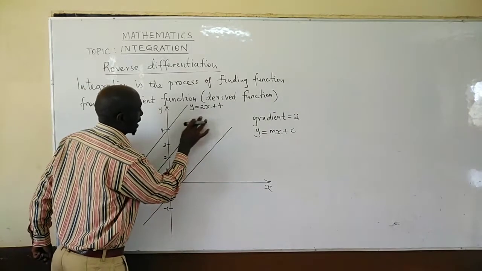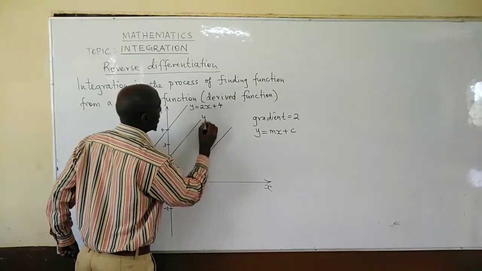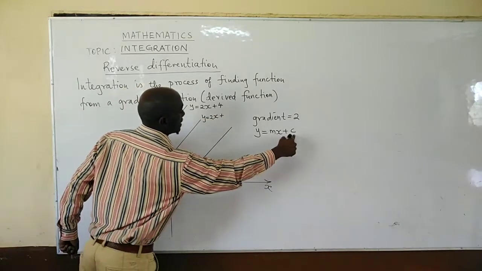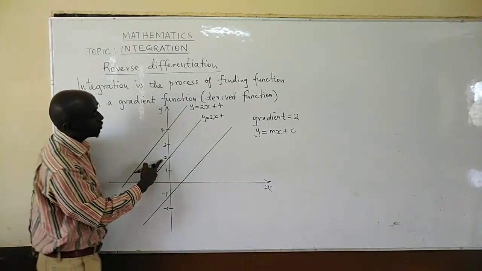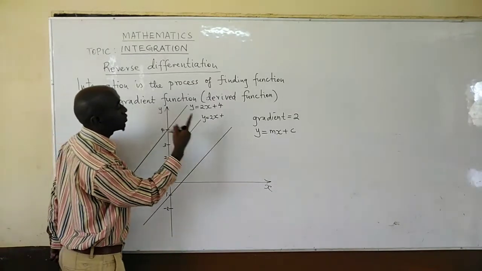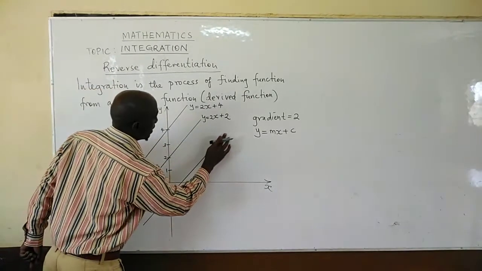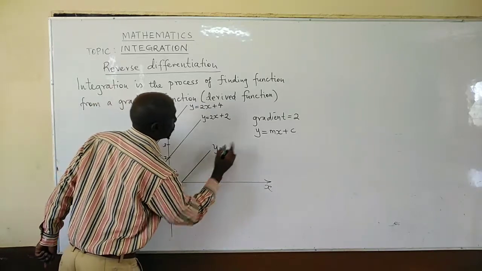What about this second line? The same gradient, therefore y is equal to 2x plus the y-intercept, which in this case is 2. Therefore, the equation of that line will be y is equal to 2x plus 2. What about this third line? y is equal to mx plus c.